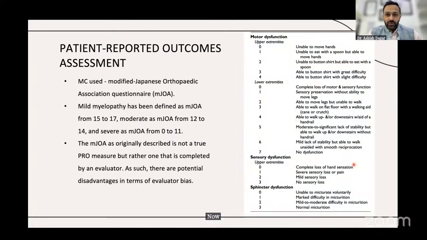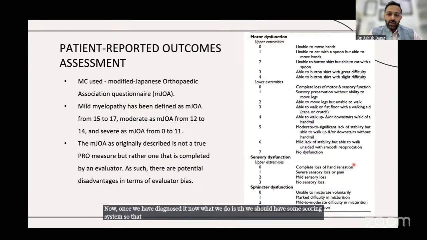Now, once we have diagnosed it, we should have some scoring system so that we are able to judge our treatment, whether conservative treatment or operative treatment. We should be able to have an objective criteria whether the patient has improved post-surgery or post-conservative management.